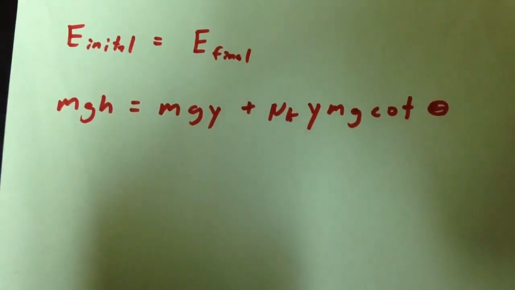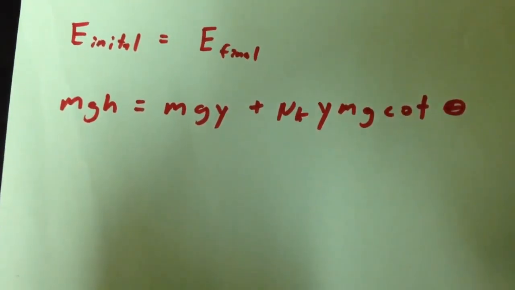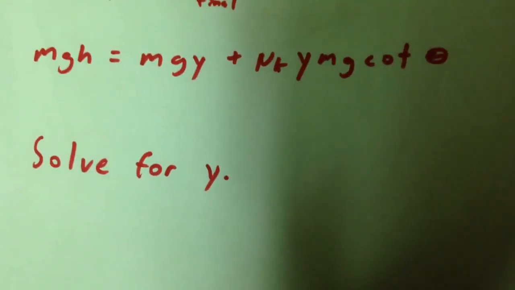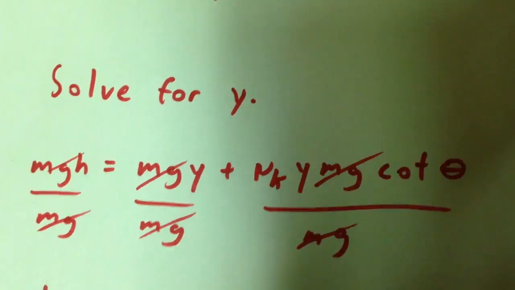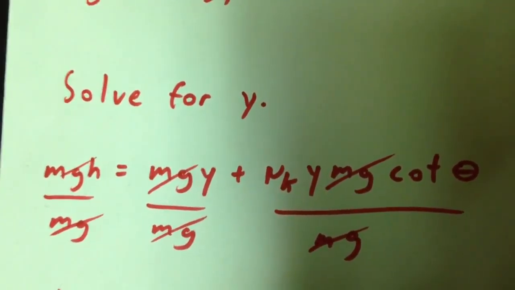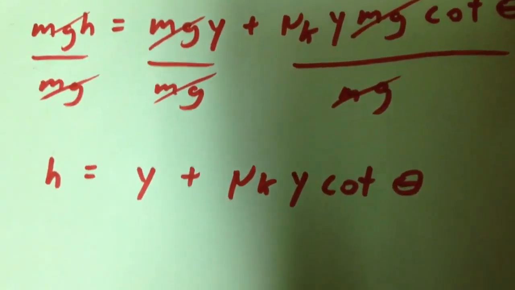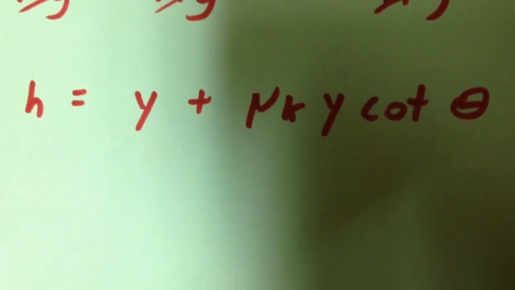Now we plug this back into our original energy formula. mgh equals mgy plus μk y mg cotangent theta. Now that we have this equation, we must solve for y. The first thing we have to do is divide both sides by mg. Once we do this, we find that mg factors out, leaving us with h equals y plus μk y cotangent theta.